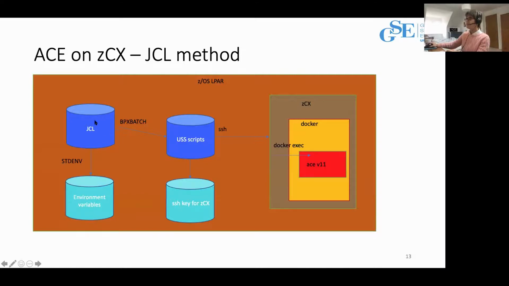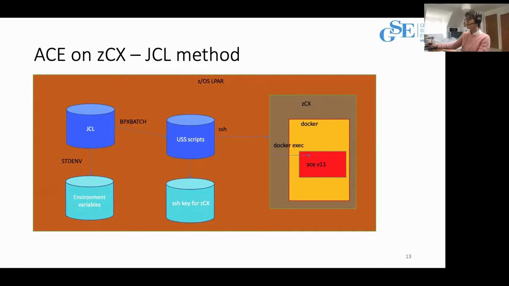And then you run your JCL; we ship sample JCL to do all sorts of things. It reads these environment variables and then uses BPXBATCH to run some Unix System Services scripts that we ship. These are bash scripts, so you need bash installed. And that will SSH onto your zCX instance and then issue the Docker commands or the Unix commands that it needs to do whatever you want it to do.